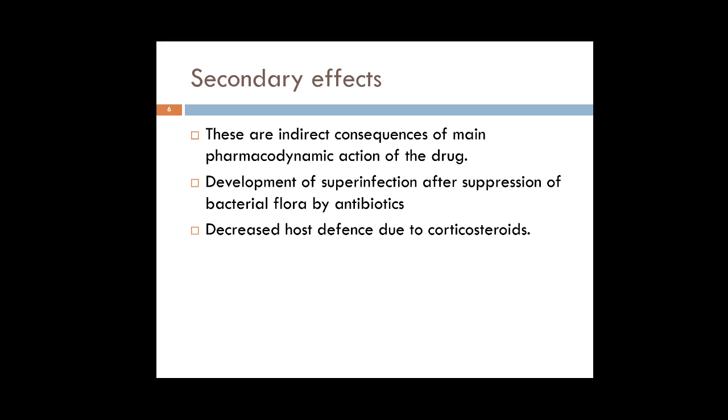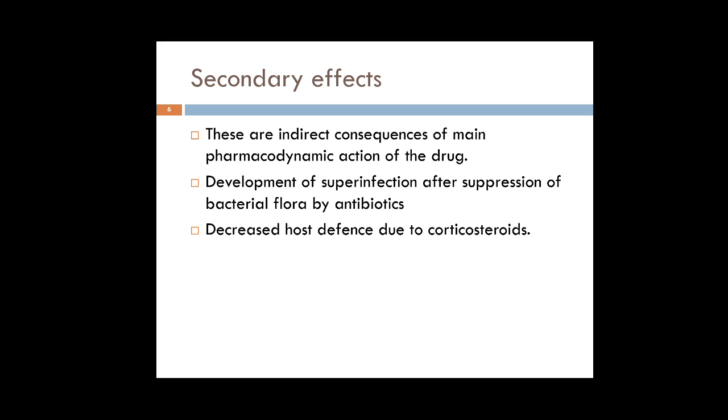So if we ingest antibiotics for a certain infection, these antibiotics kill the microbial flora present inside the intestine. The commonest example is tetracycline. So this is a secondary effect of tetracycline, of the antibiotics. Many of the antibiotics produce such effects.